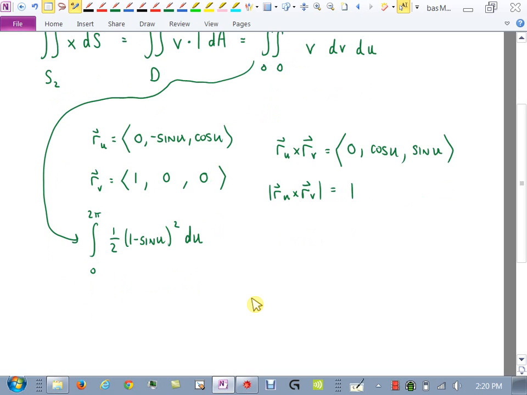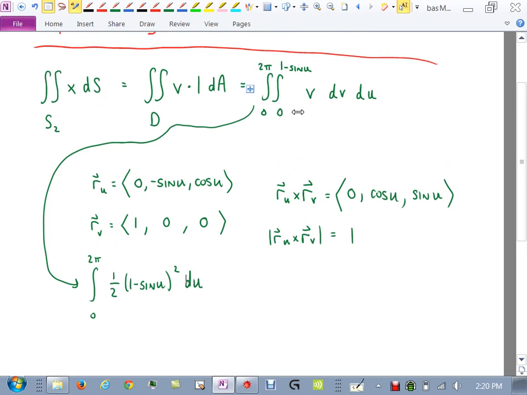Now to do this, maybe expand it out and then power reduce. Well, I did the antiderivative of v, which was 1/2 v squared. I replaced v with 1 minus sine u.